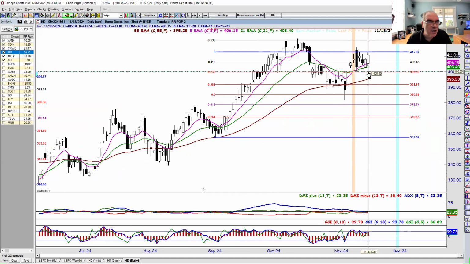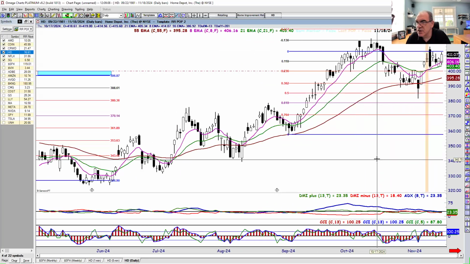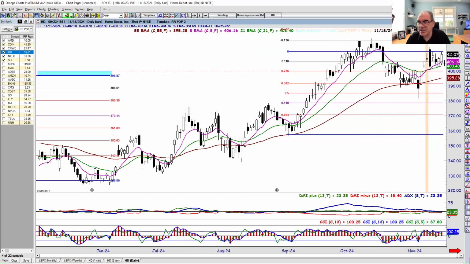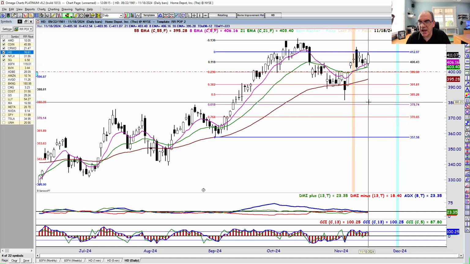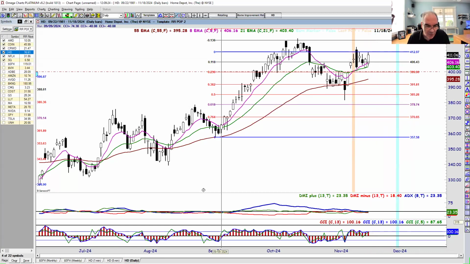We stretched down on the low to 403.95. The 8 moving average is 404.76, and our low today was 403.95. We got right there. We bounced right off of it. Now the key is what happened above that 406.5.